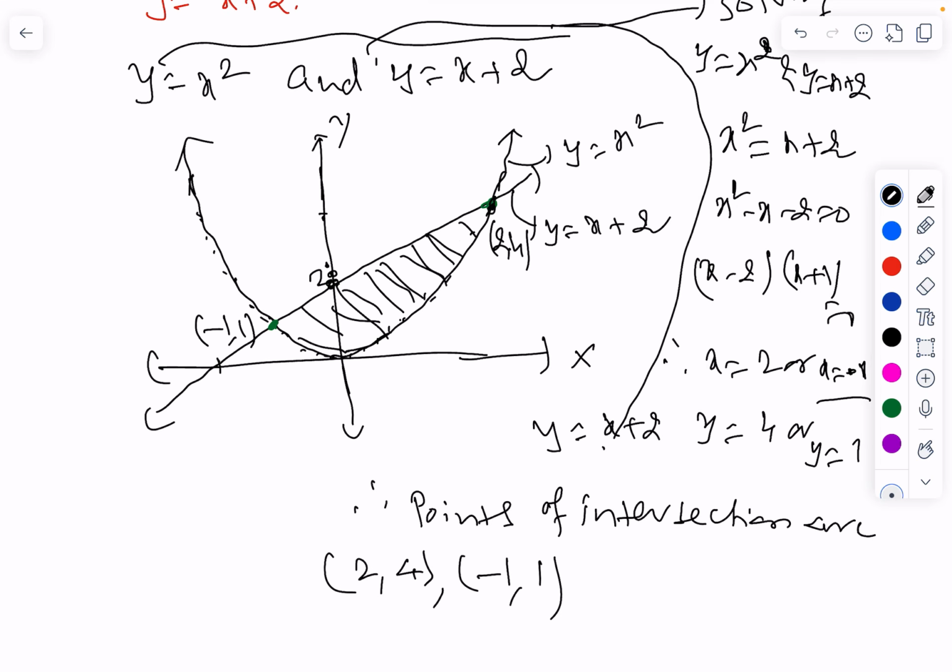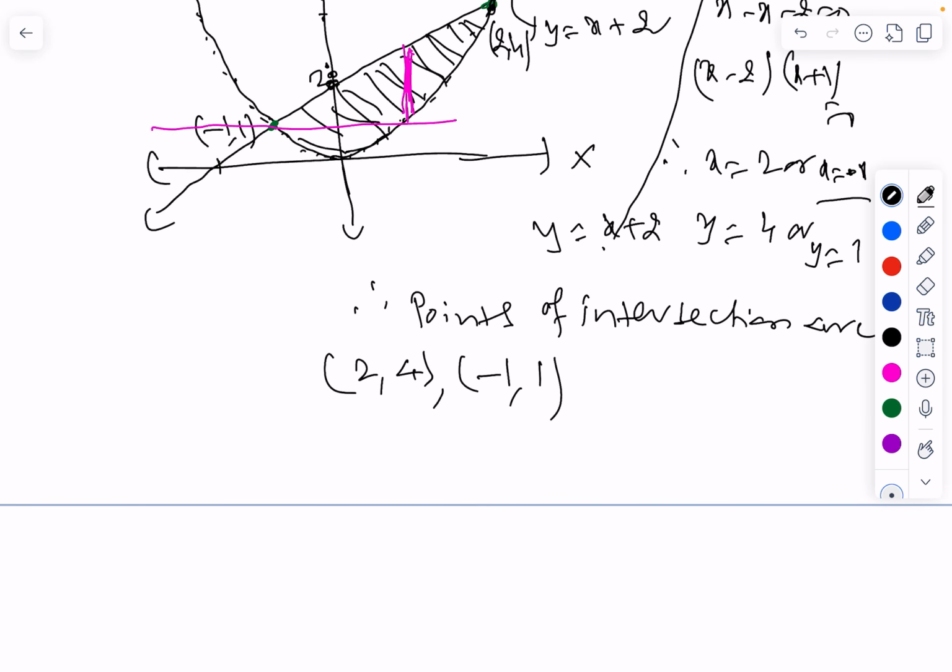Now here, by looking at this region of integration, it is advisable to take the vertical strip. That means limit of y first, because if we take the horizontal strip, that means limit of x first, then we need to break the region from here. Okay. So then we have two different double integrations to solve. So it is better we take the limit of y first and then the limit of x.